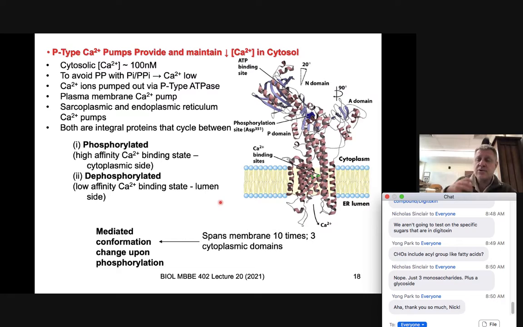So again, I'm trying to illustrate the issue of protein structural change. Now, phosphorylation, integrating high and low binding site energies, and this is all due to three-dimensional protein structural change.